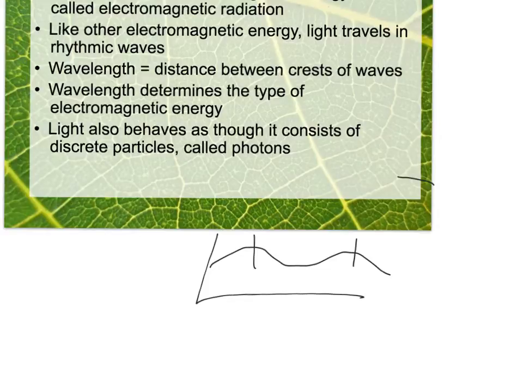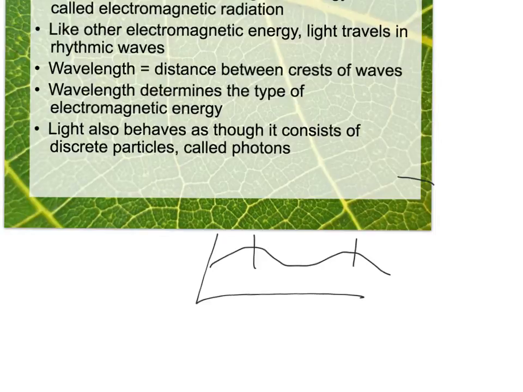There's also a relationship between wavelength and frequency. There's an inverse relationship between those two. So the larger the wavelength, the lower the frequency. The larger the frequency, the shorter the wavelength, the distance. Gamma rays, X-rays, ultraviolet rays, those are all high frequency, high energy waves. Then you have your visible light, your infrared, microwaves, radio waves.